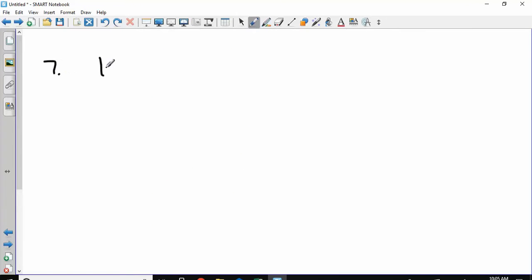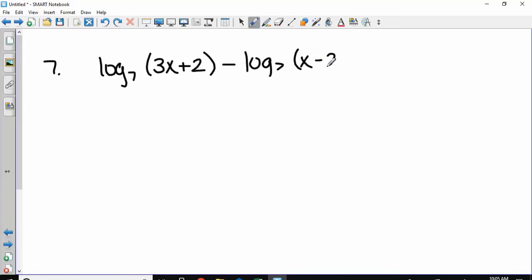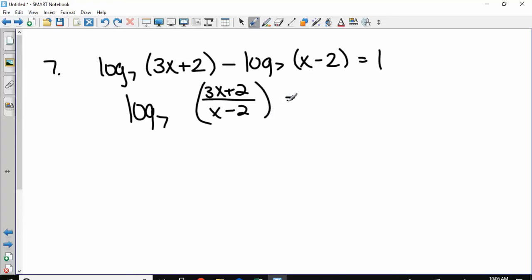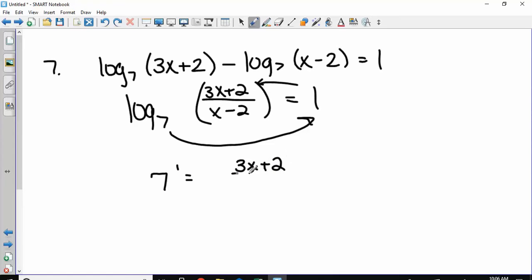Number 7. If you have two logs being subtracted, what do you have to do to combine them? Divide. So this is log base 7 of 3x plus 2 over x minus 2. So then we can change that to an exponential. So 7 to the first equals 3x plus 2 over x minus 2.